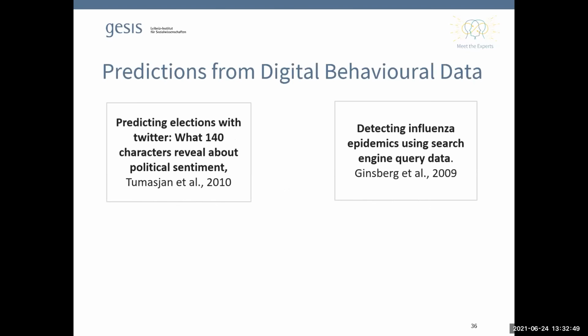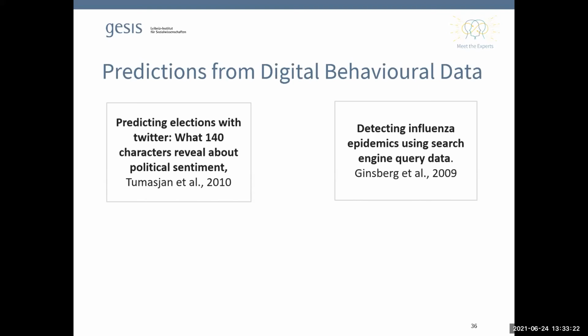Two examples that caused quite some attention in the research community are a paper trying to predict election outcomes, I think the German election 2009 probably. The authors wanted to predict the election outcome. Well, they applied the prediction model after the election, but they simulated what would have been predicted here.